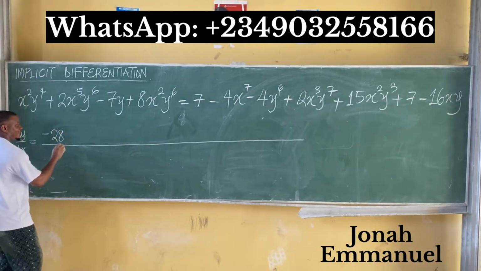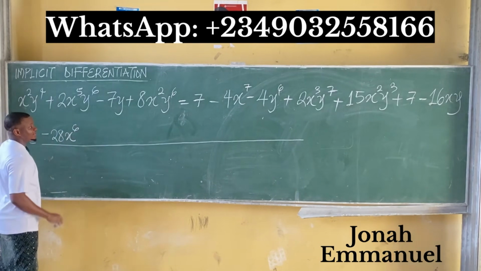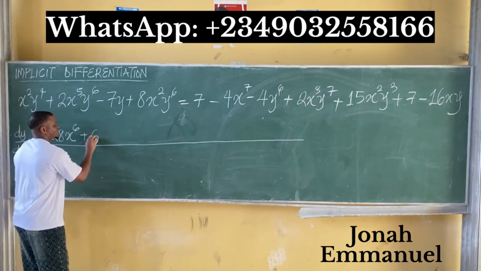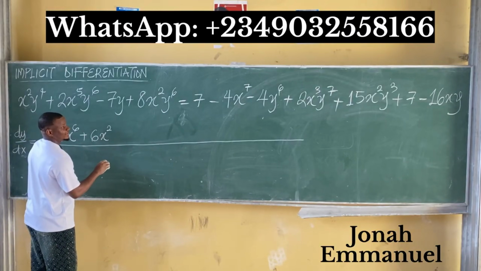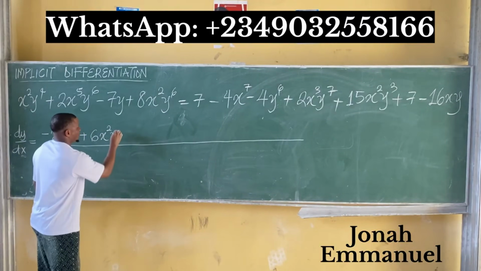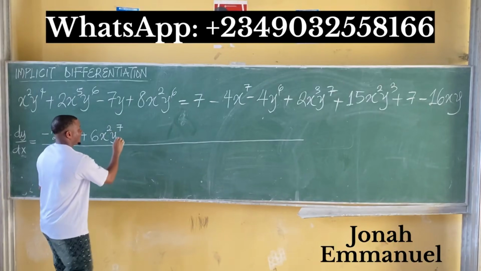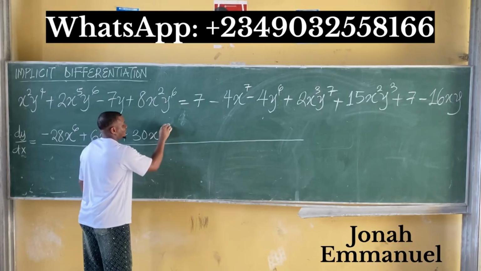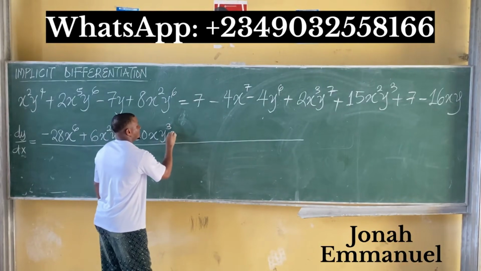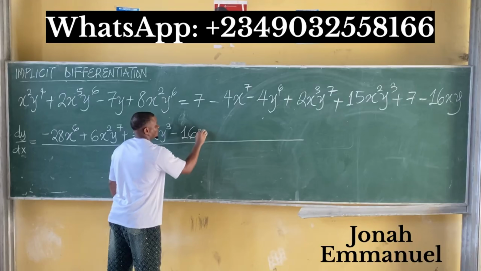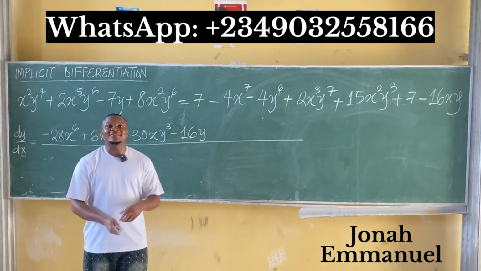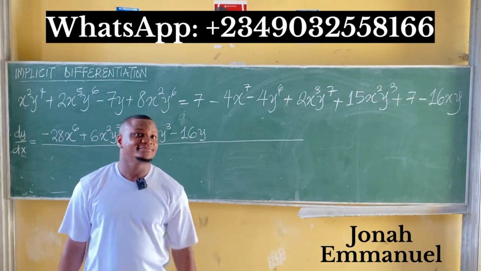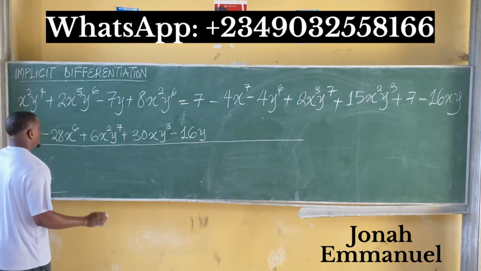Minus 28, what there? 2 power 6, plus 6 x squared plus 7, plus 30x by what? Y to power 3, minus 16y. So minus this, you want to say x? You say x. Are we done? No. Okay, next up.